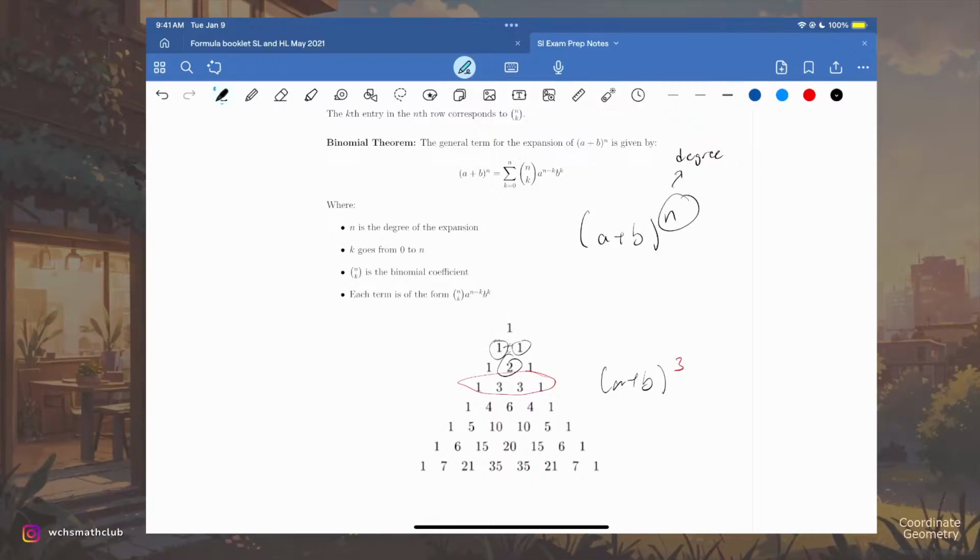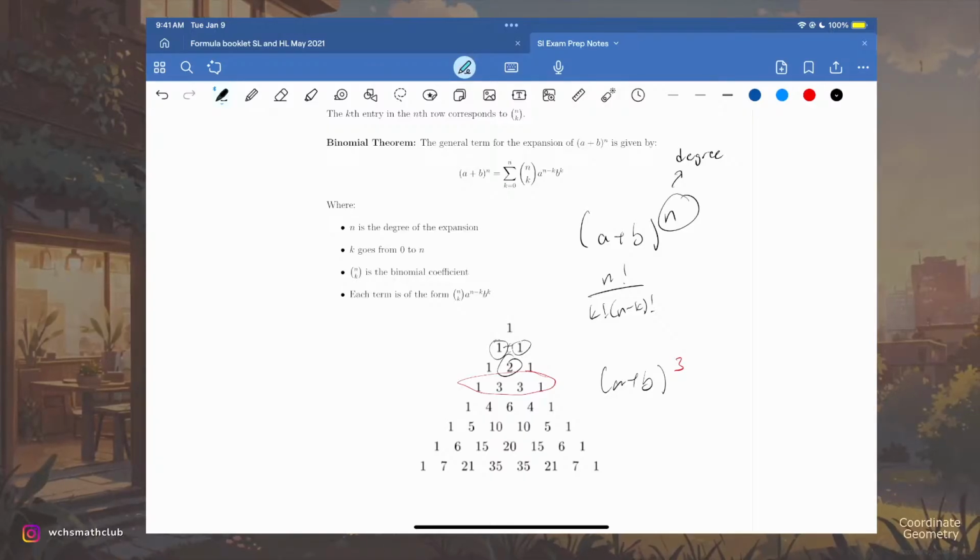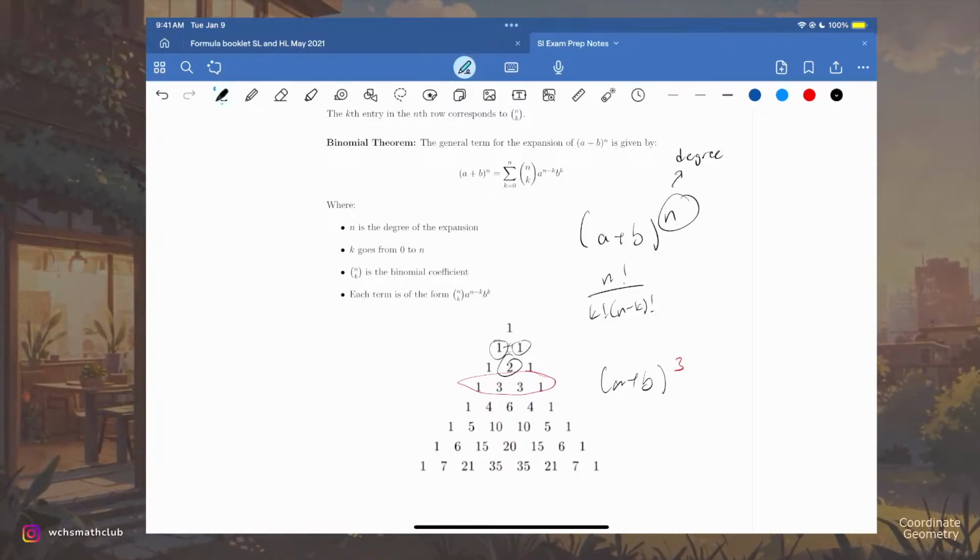And then n choose k, as you know, is n factorial over k factorial times n minus k factorial. If you don't know how to do this, your calculator should be able to compute this. And of course, this term right here is called the binomial coefficient.